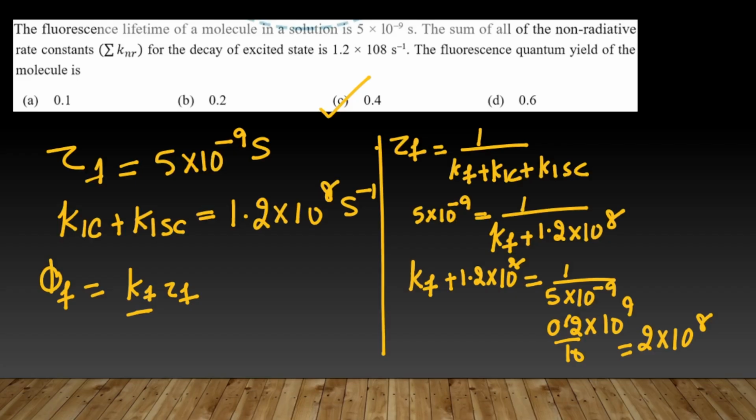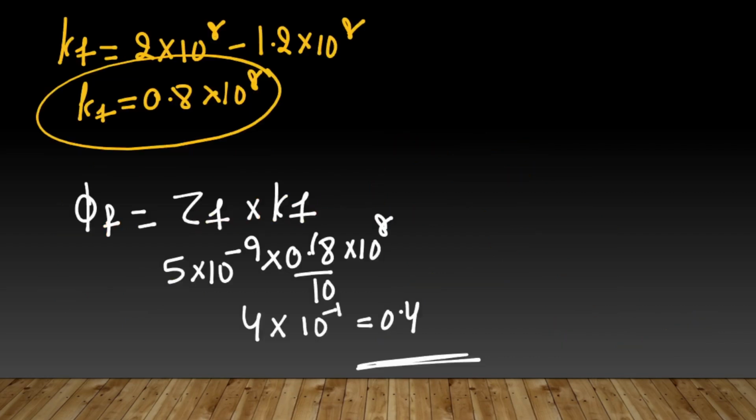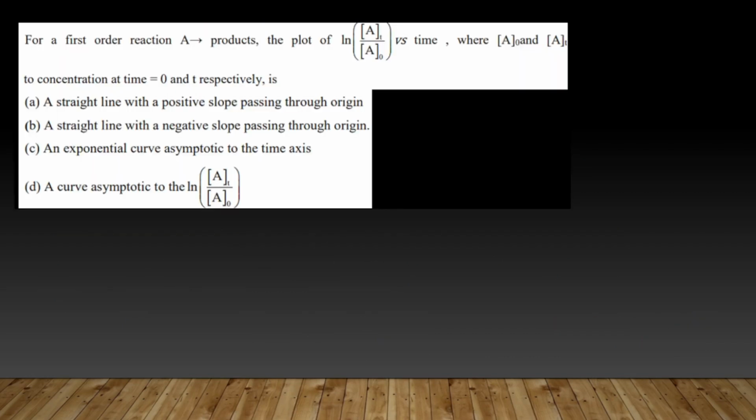Now moving on to the next one, we have this question. It says for a first order reaction A to P, A to products, the plot of At by A naught versus the time, where A naught is the concentration at time t equal to 0 and At is the concentration at time t equal to t.